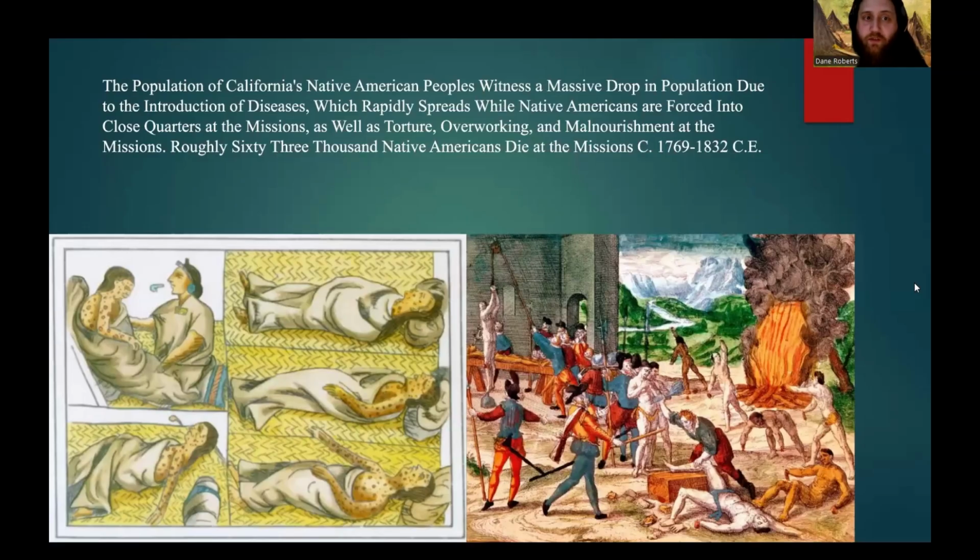Furthermore, the population of California's Native American peoples would witness a massive drop due to the introduction of diseases, which would rapidly spread while Native Americans were forced into close quarters at missions, as well as due to torture, overworking, and malnourishment at the missions. Roughly 63,000 Native Americans died at the missions alone, and this happened between 1769 and 1832 CE.